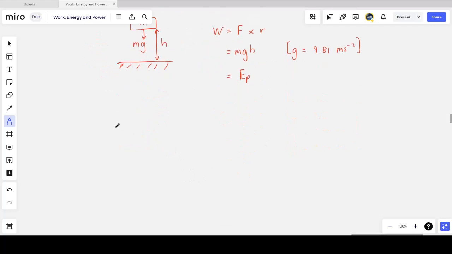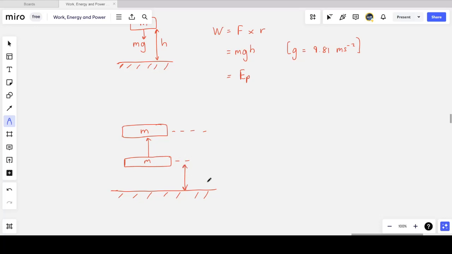Now, what about an object that has mass m, and was initially, let's draw the surface of the Earth. So let's say it was initially very low down and we moved it upwards, we carried it upwards or whatever.